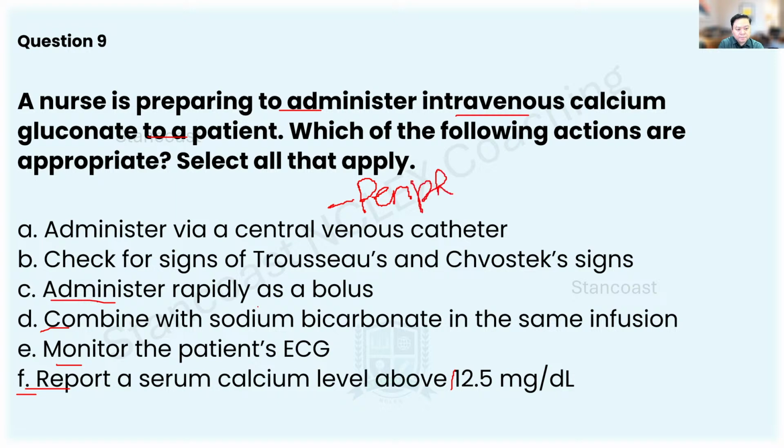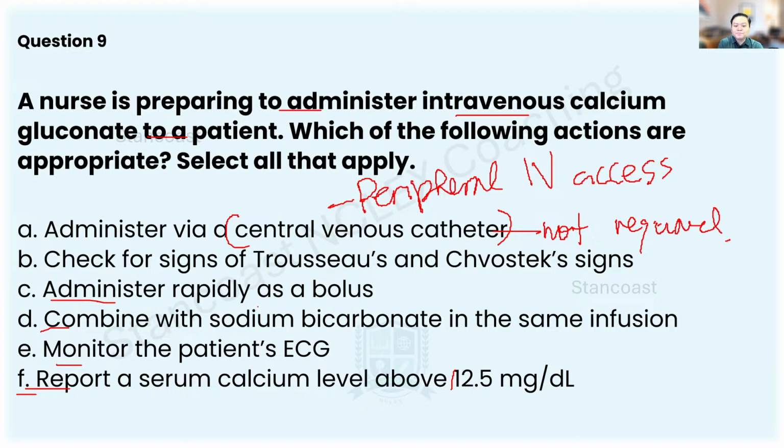Peripheral IV access. This is not required. Okay. So we are eliminating letter A. What about letter B? Check for signs of Trousseau and Chvostek signs.